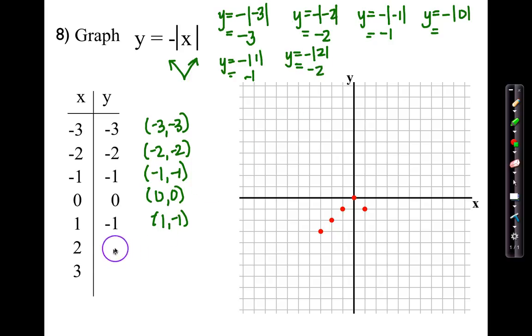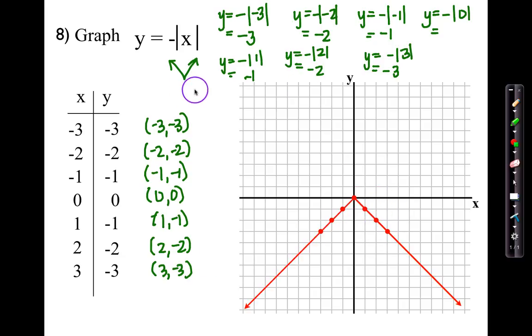Take the opposite of that, which makes -2. So your ordered pair is 2, -2. So 2, -2. Last but not least, y equals the opposite of the absolute value of 3. The absolute value of 3 is 3. Take the opposite of that, and you're going to get -3. So you're just going to plot that last point here.